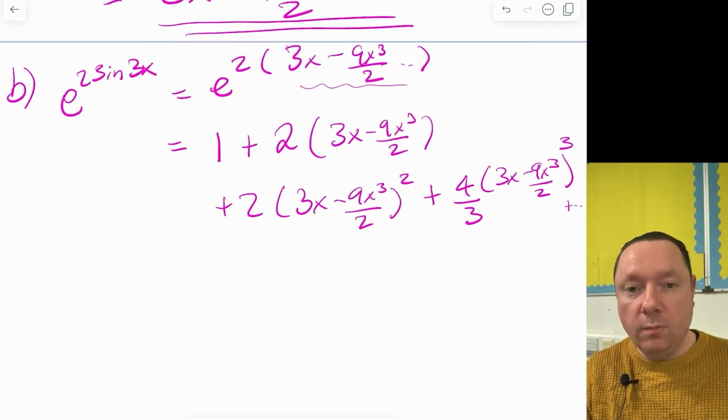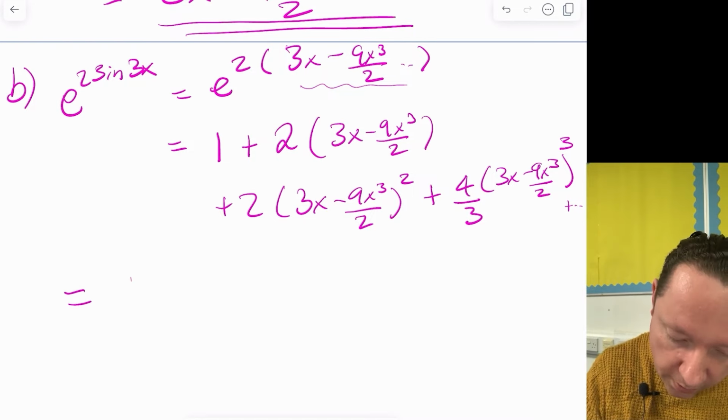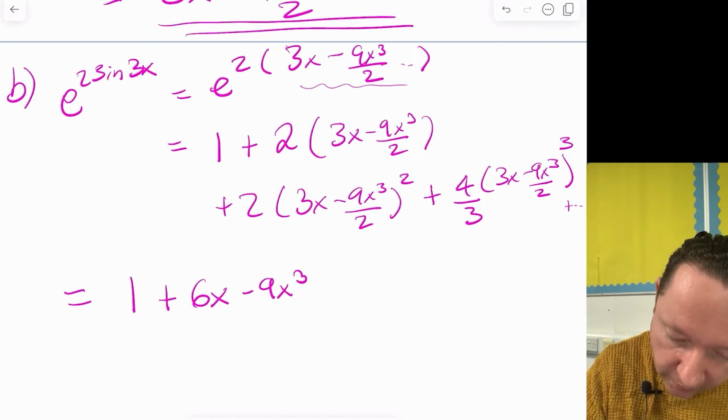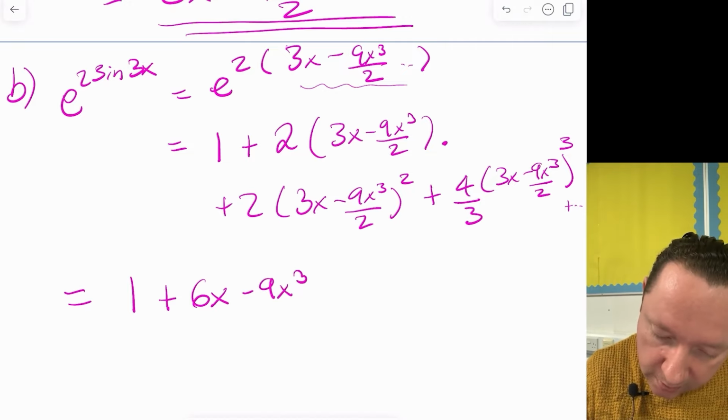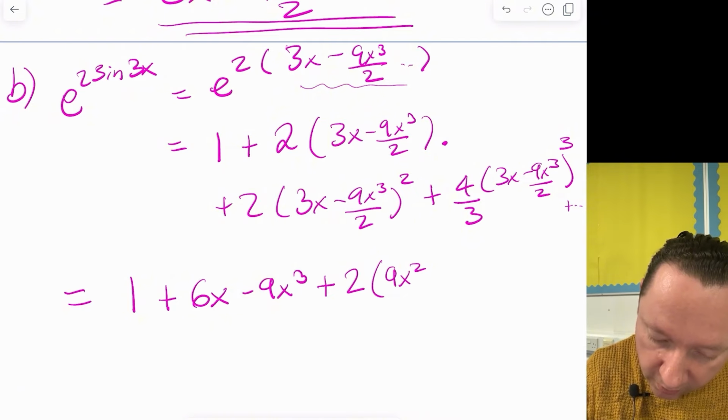Now remember, you only need to go up to x cubed, so you can ignore a lot of them. So that gives me 1 plus 6x. 2's cancel, so minus 9x cubed. So I've done that line. Next line, I'll have 3x times 3x is 9x squared. Timesing these together, 3 times 9 is 27 over 2 times 2 is 27.